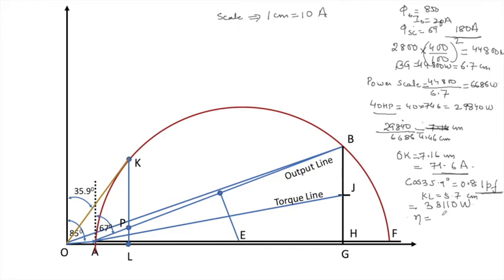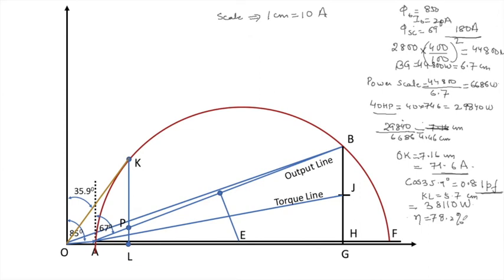You can either take the power values, where input is 38110 and output is 29840, or by the circle diagram you can calculate it as PK divided by KL, and that gives an efficiency of 78.2%. So our efficiency is 78.2%.